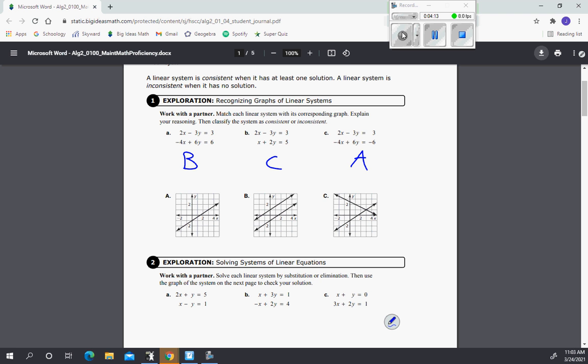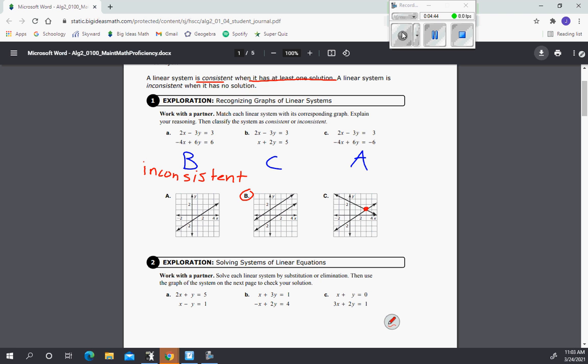Consistent. A system is consistent when it has at least one solution. What does that mean? If it has one solution, it means they intersect at least one time. So this first one, these two lines in B, do those ever intersect? No. So it is inconsistent. In graph C, do they ever intersect?